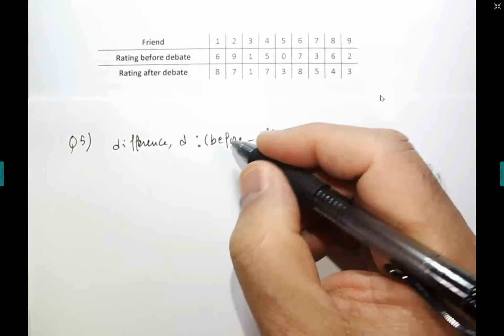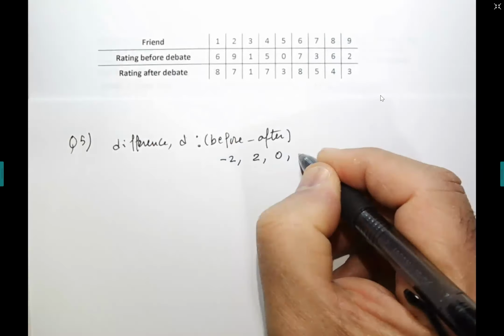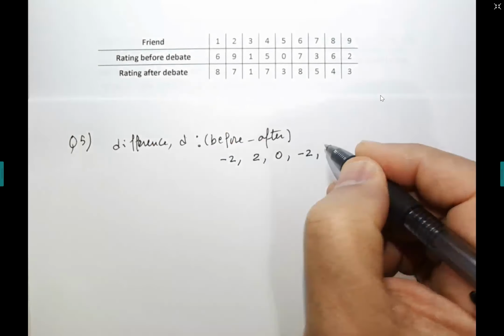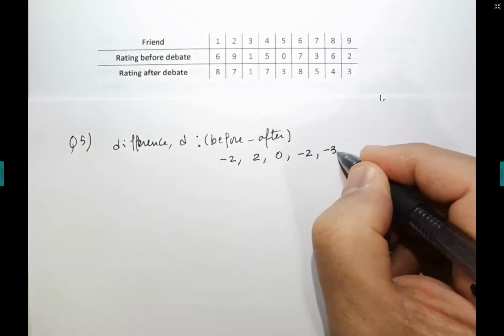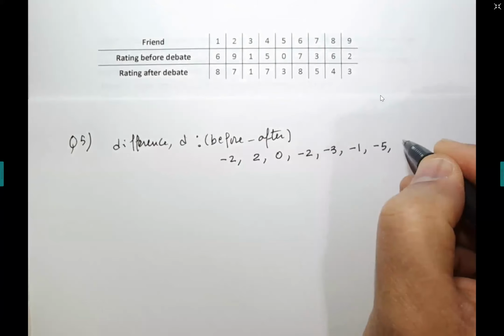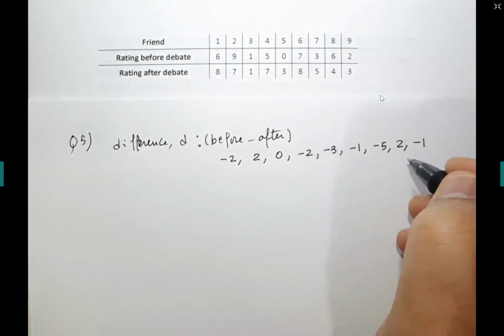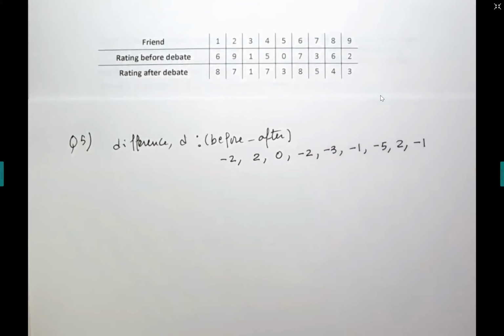Okay, 6 minus 8, I have -2. 9 minus 7, I have a 2. 1 minus 1 is a 0. -2, -3, -1, -5. I think that should give you a hint of what you should be doing. What do you notice? I noticed that the rating after the debate improved, as you can see, from 6 to 8.